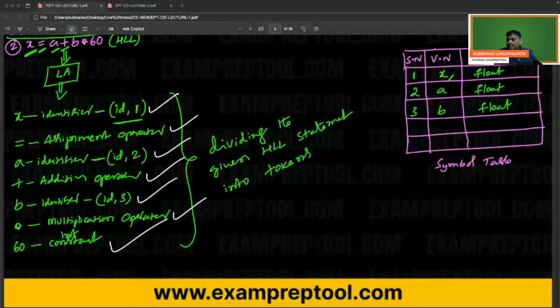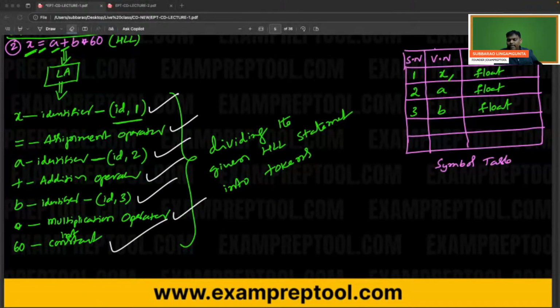In the C language, operators are fixed. Keywords are fixed. Special symbols are fixed. The only things not fixed are identifiers. Some conditions are there for identifiers, but they are not fixed.